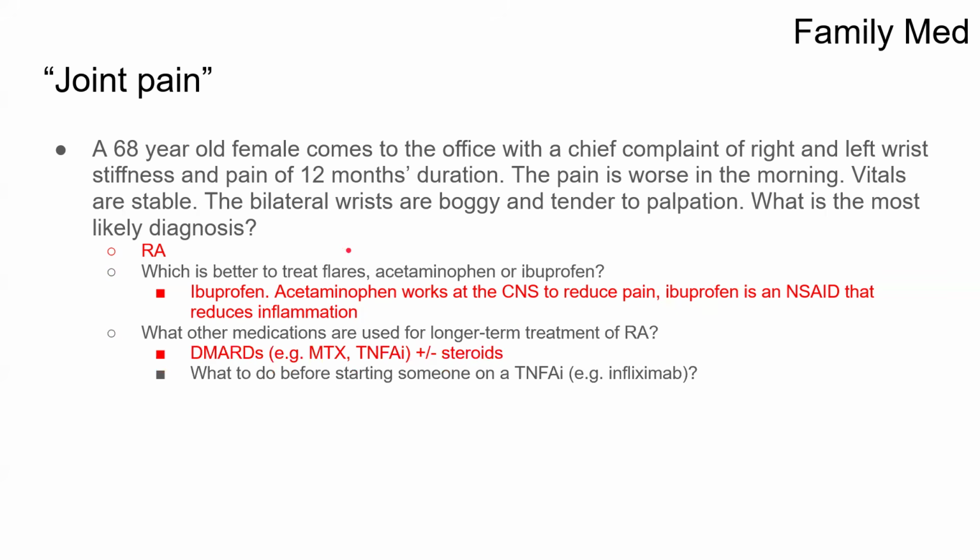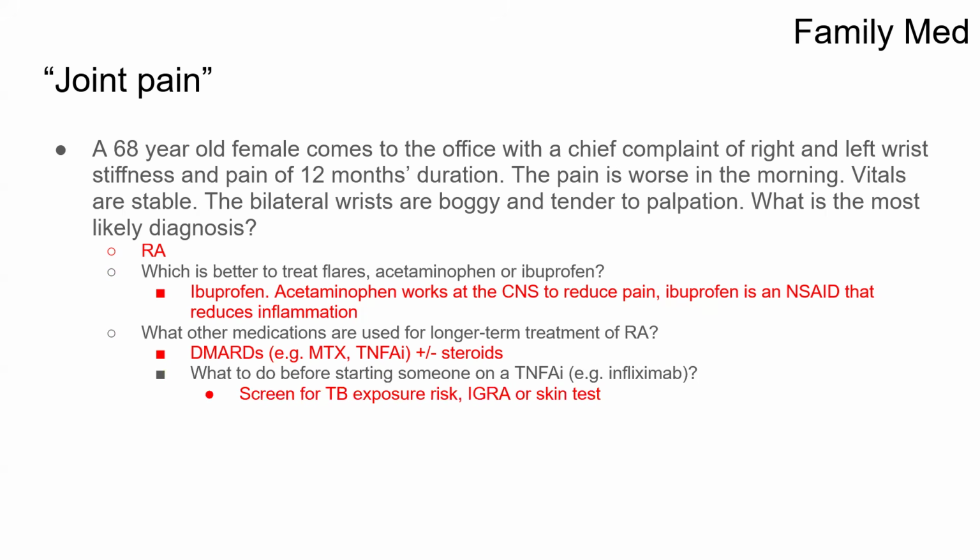Let's say, for example, you're considering starting someone on a TNF alpha inhibitor. Before you start the TNF alpha inhibitor, like infliximab, you want to screen for tuberculosis exposure risk. You can ask history, like have you ever worked in healthcare, or were you ever incarcerated, or an immigrant from a country with endemic tuberculosis, things like that.